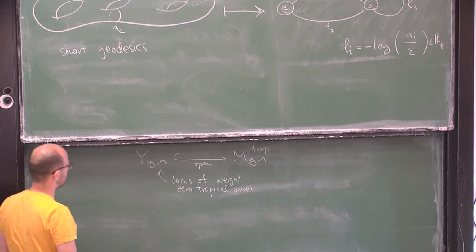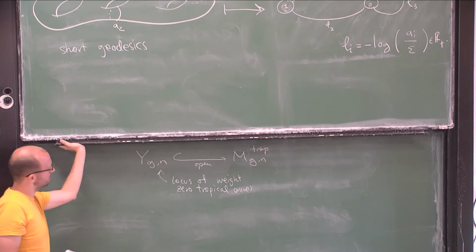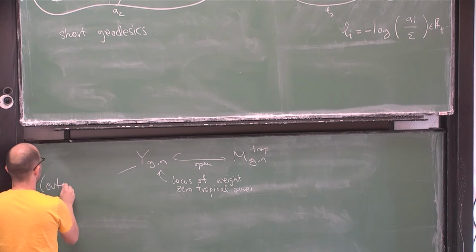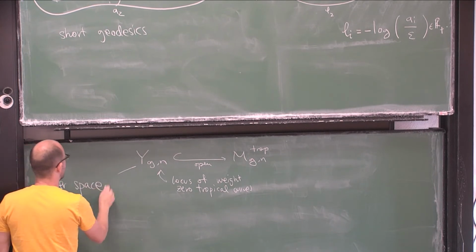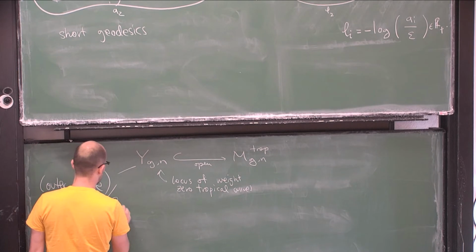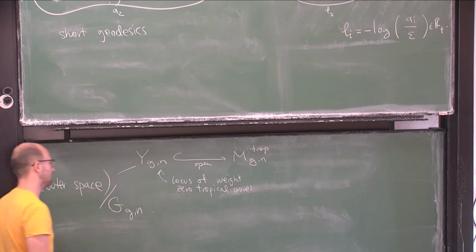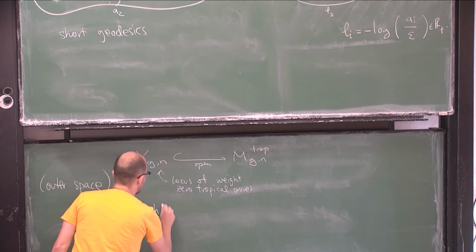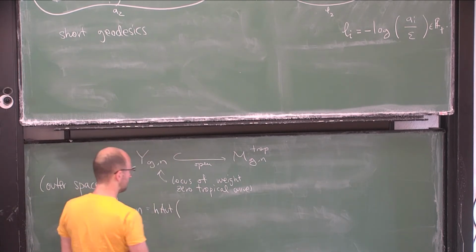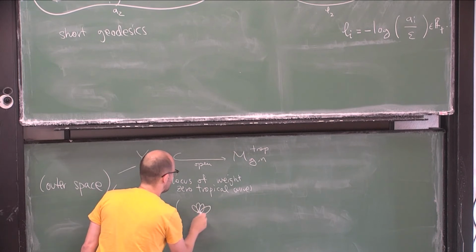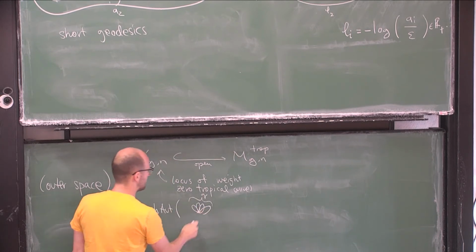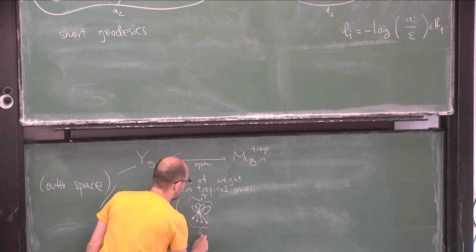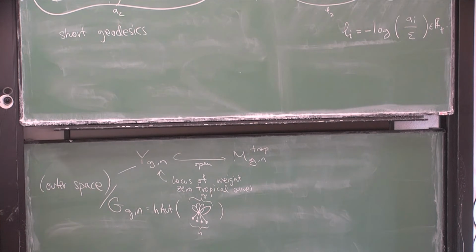What is this space YGN? It's actually quite familiar to, I think, several people here. It's outer space modulo this group, which is the homotopy automorphisms. The graph like this. This is endpoints here.